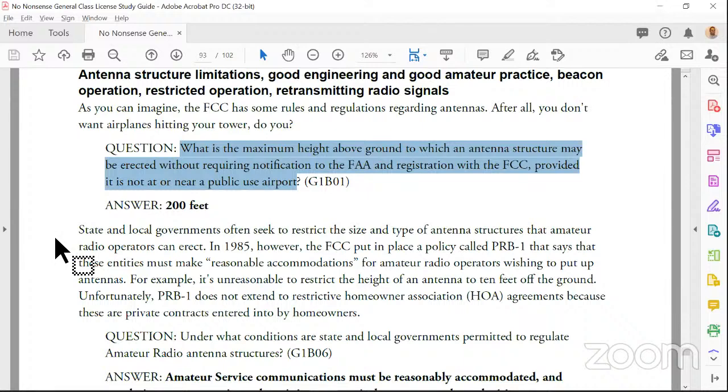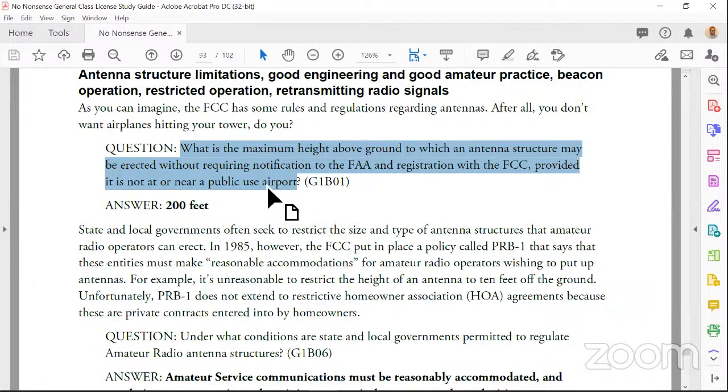Next question in the question pool. What is the maximum height above ground to which an antenna structure may be erected without requiring notification to the FAA, Federal Aviation Administration, and registration with the FCC, Federal Communications Commission, provided it is not at or near a public use airport?